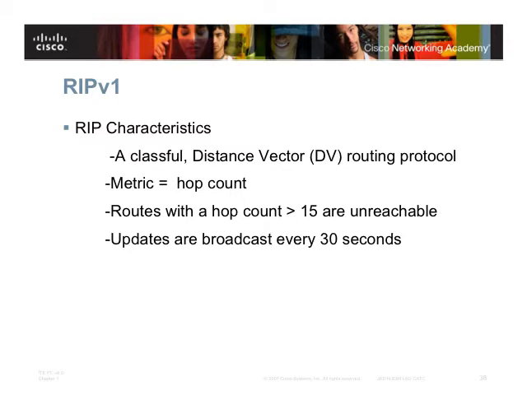It does not exchange the subnet mask as part of the route updates. That doesn't necessarily mean that if we have some subnetworks, we cannot use RIP version 1. We can still use RIP version 1, but with some limitations, which we will talk about in a minute.